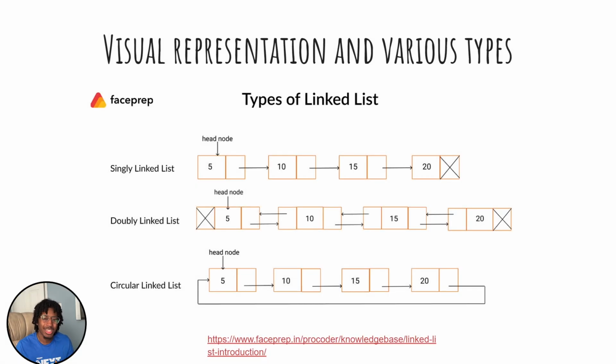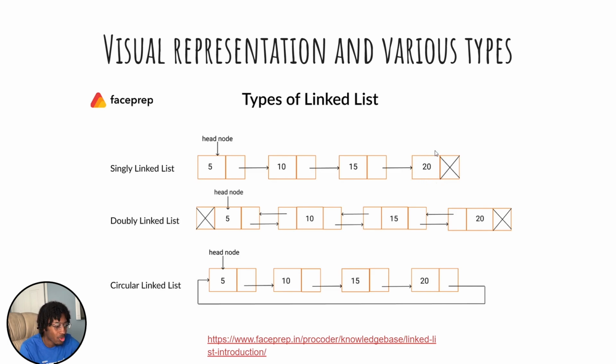So what does this kind of look like? Let's start with the basic singly linked list. A few things I want you to notice, right? Again, we have the data, which is here an int 5, and then we have a reference to the next node. And this node contains the data 10, the integer 10, and a reference to the next node. Again, an int 15 and a reference to the next node. Now I want you to notice this last node.